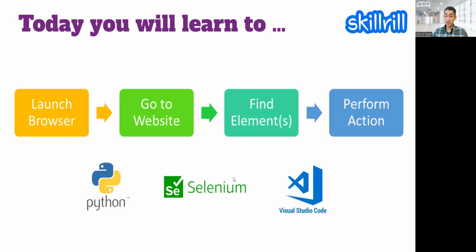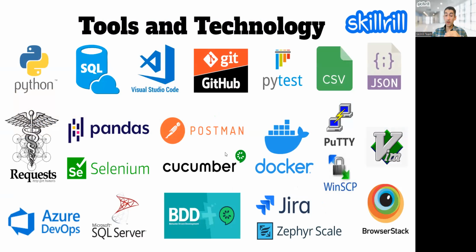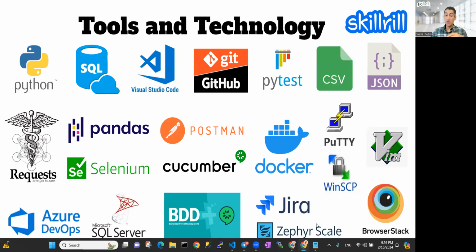Now there's a lot more into test automation, of course. And the key here is to learn step by step, and we're going to cover in test automation. So I'll give you some examples. Some of the frameworks that we create as part of test automation is BDD right here, for example.